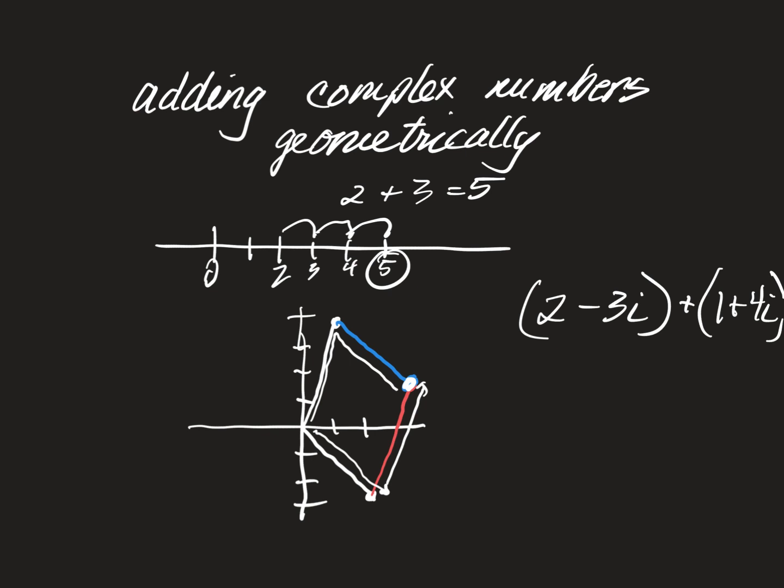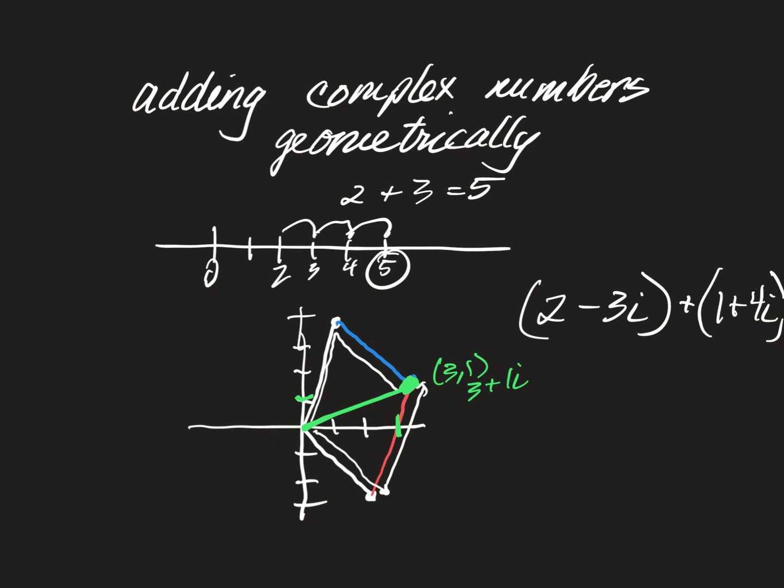Once you get to that point is your solution. And if we look at that, that looks to be about at 3 and 1i. So this looks to be at 3, 1, or 3 plus 1i. All right? And there's this complex number sum. It's essentially the diagonal of a parallelogram.